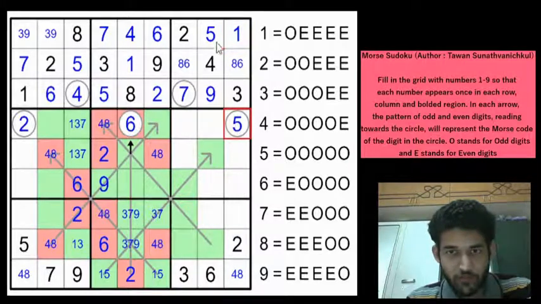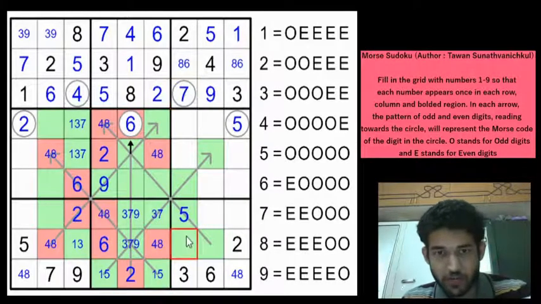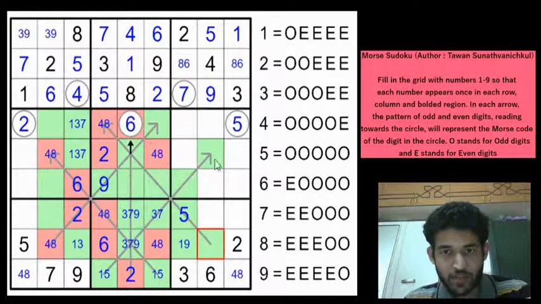Okay, so 5 in column 8 and column 9, and 5 in row 8, which gives a 5 here. So the odd digits here are 1, 7 or 9, because 3 and 5 are not possible. So this is not a 7, so this would have to be a 1 or a 9, and this is not a 9, so it would have to be a 1 or a 7, right?